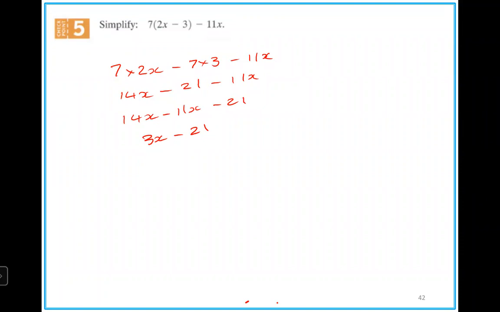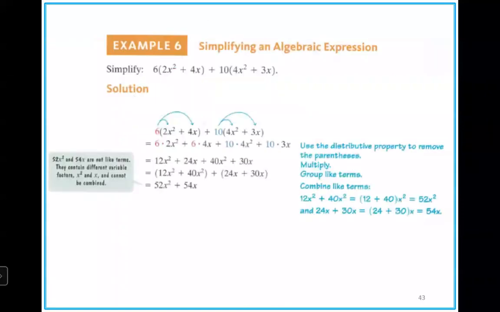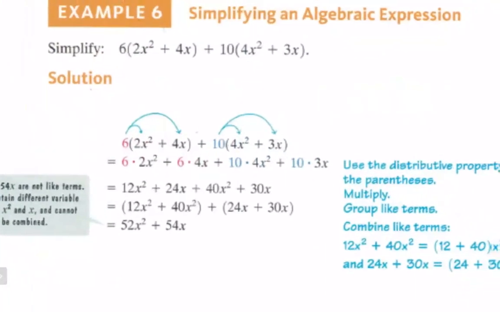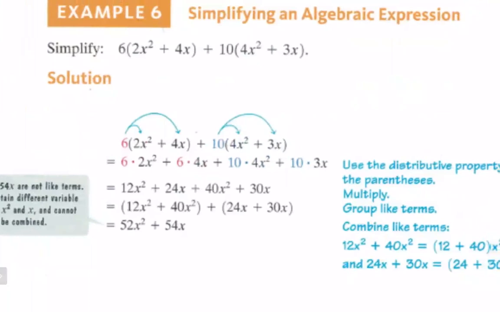Number 5. Okay, so now we have something a little bit more involved. We have 2 sets of brackets. Following the same principle, 6 times 2x plus 6 times 4.